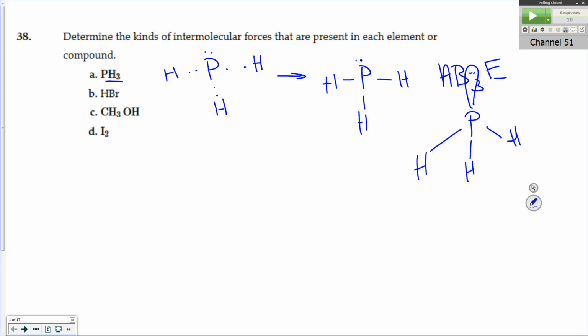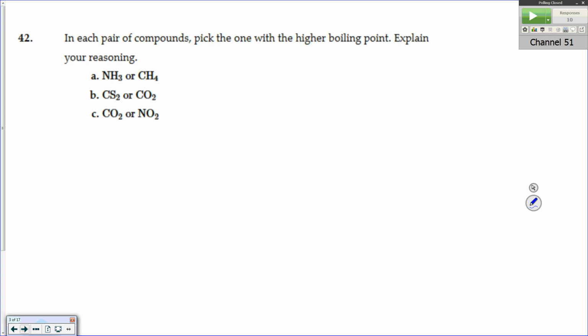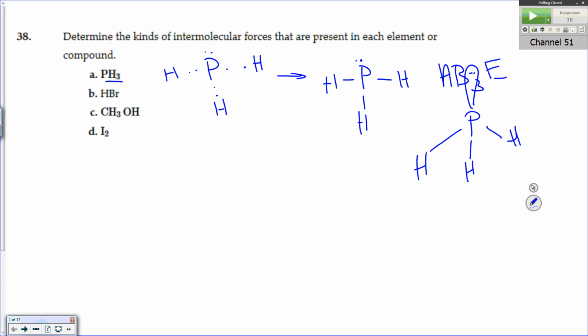So it's got a lone pair of electrons up here at the top. And then if I look at the differences in electronegativity, I'm thinking that the difference for phosphorus is somewhere in the neighborhood of 2.6, 2.7. Hydrogen is 2.1 electronegativity.